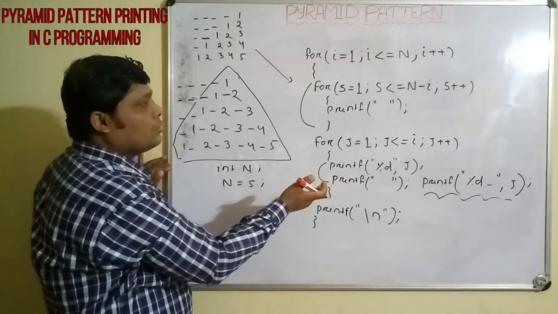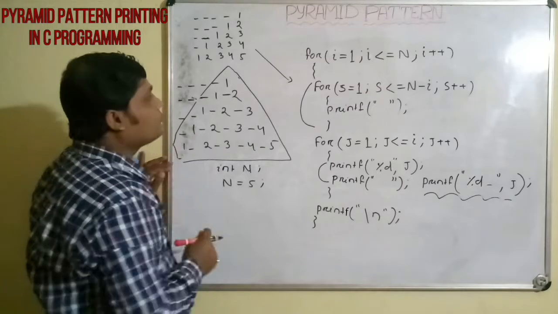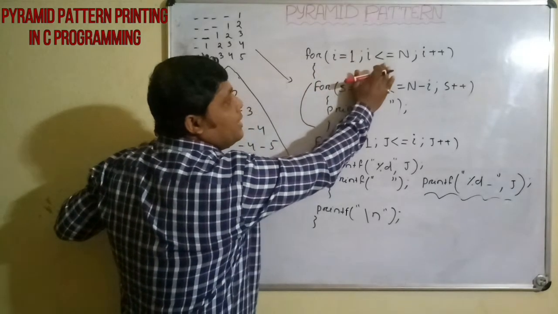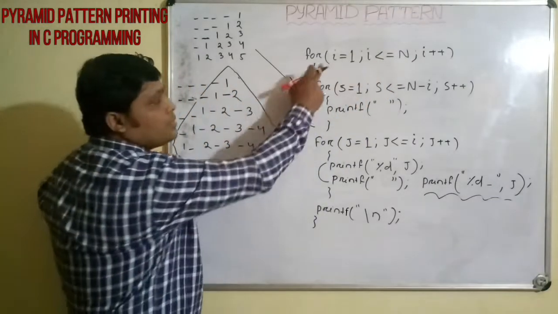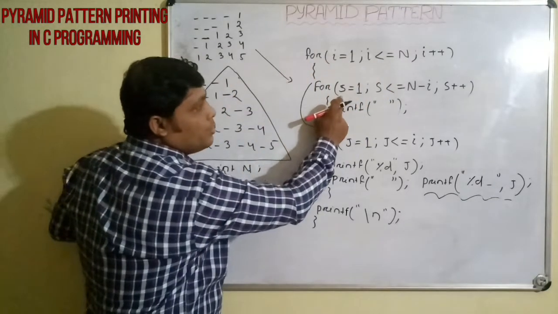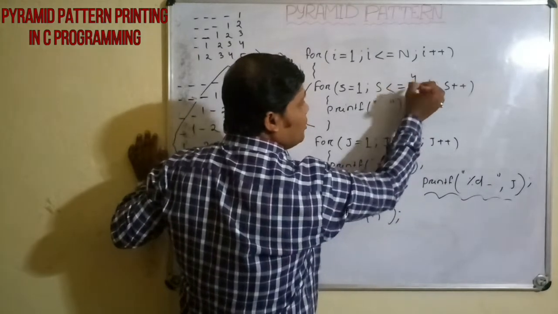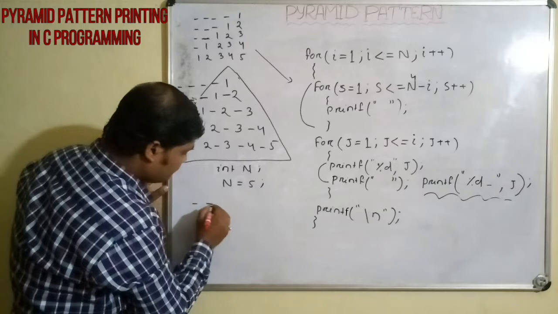Now see whether this pattern is coming or not. Clear? When i value is 1, i less than equal to n, i plus plus. First time i value 1, it will work for 1 to n minus i; n value is 5 minus 1, that is 4. 4 times this loop will continue and it will give 4 spaces.